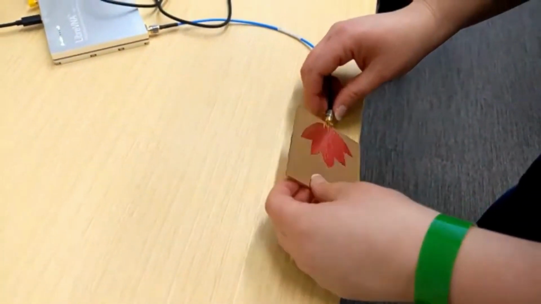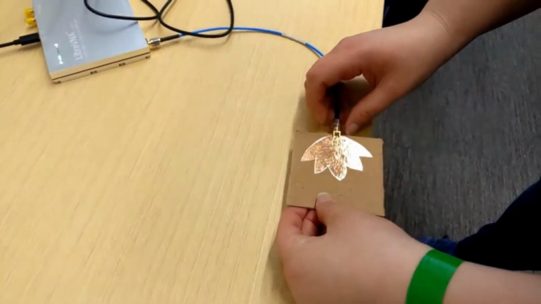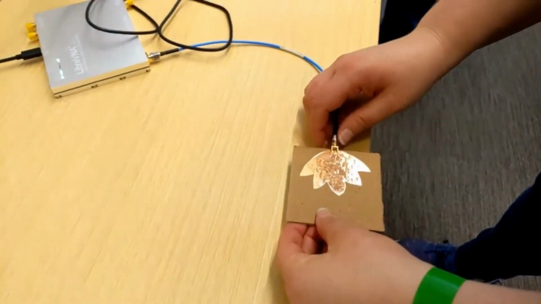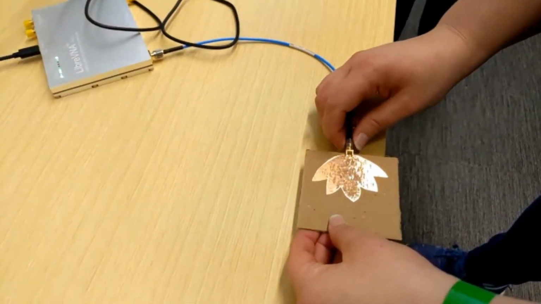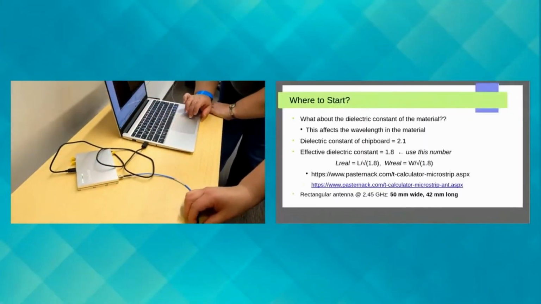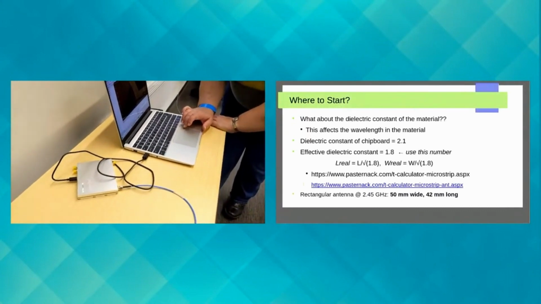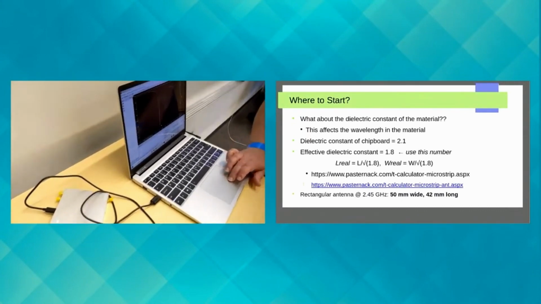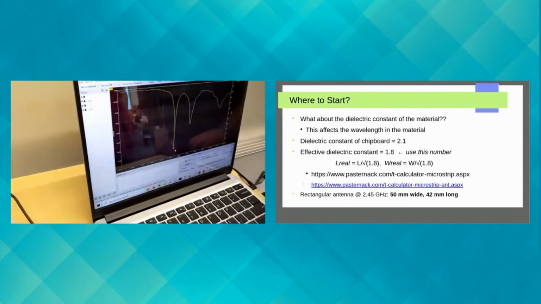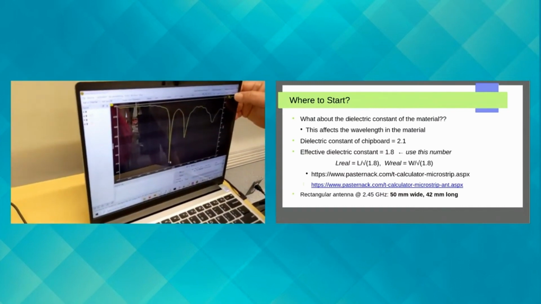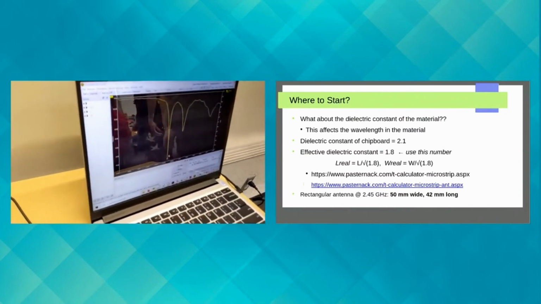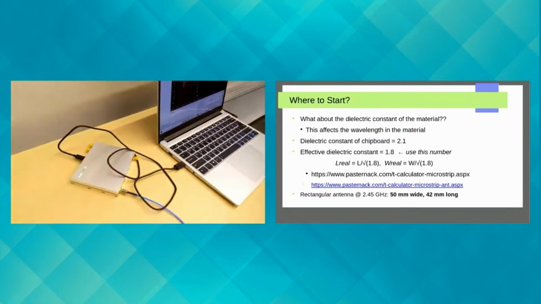I'm right behind you. What is the significance of the minus? Minus is how much it's losing. If it's 0, it's not losing anything, it's reflecting everything. If it's minus, it's losing some to being transmitted. Yeah, it works. We shaved it down a little bit to get to the right frequency, and it looks like it's good enough.